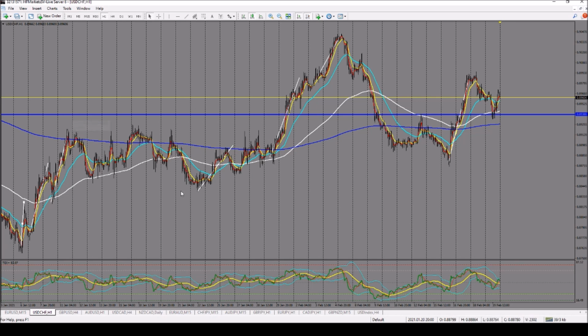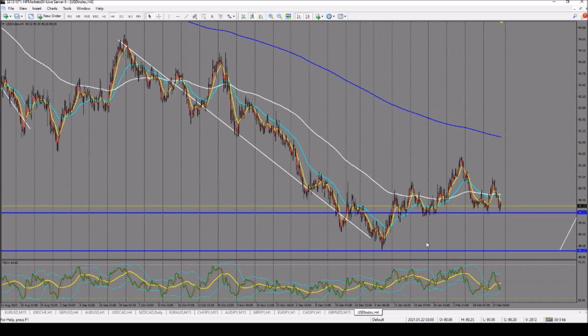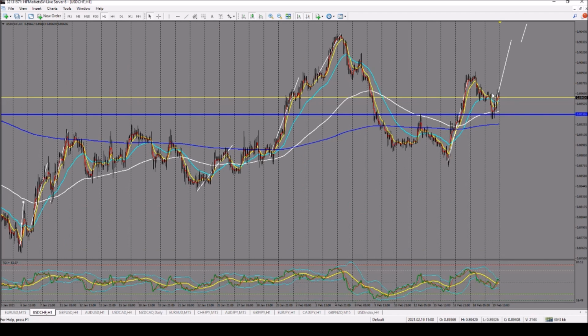We have had three impulses from this point up to this point, and it's highly probable to have a combination of these impulses going up. Therefore, on the USD index, it's likely to take off directly from this region going up. So I will be looking for buys if this holds.